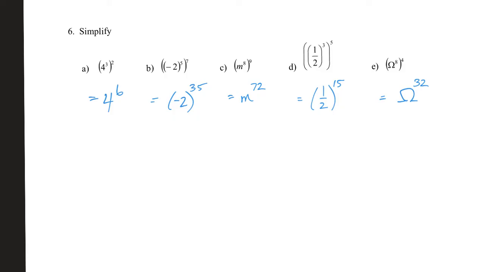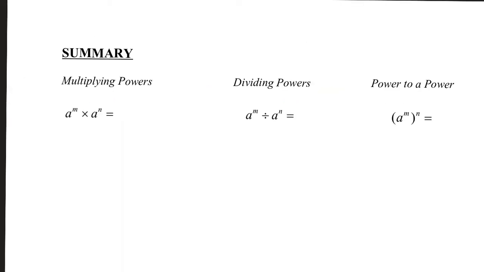The only thing left to do is to sum everything up for today. What you see on your screen right now is these laws of exponents written down in algebraic terms.